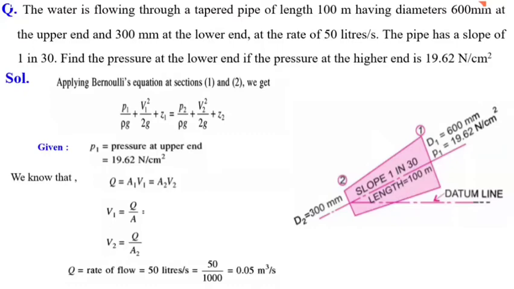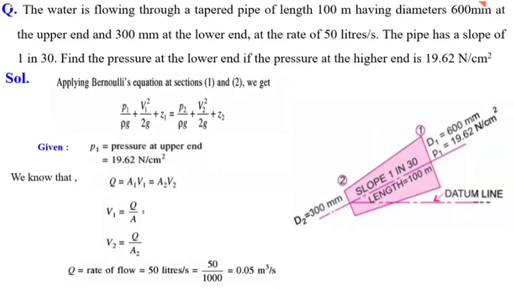Now here you should remember that every numerical we are going to solve it in SI units. So all your parameters must be in their SI units. So that 19.62 Newton per centimeter square should be converted to Newton per meter square when you are substituting it in the Bernoulli's equation.